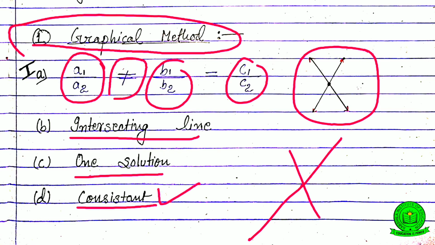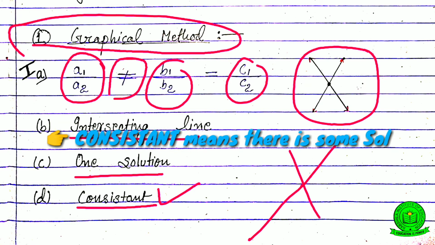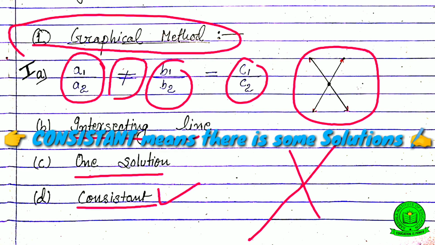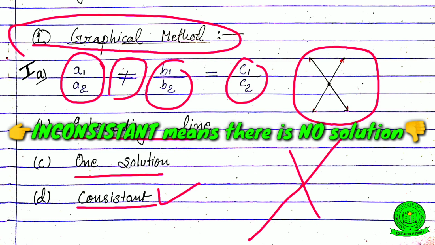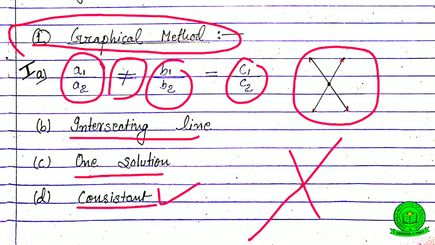There are two things: consistent and inconsistent. Consistent means we have some solution, and inconsistent means there is no solution, so we write inconsistent. Here we have one solution, so we will write consistent.